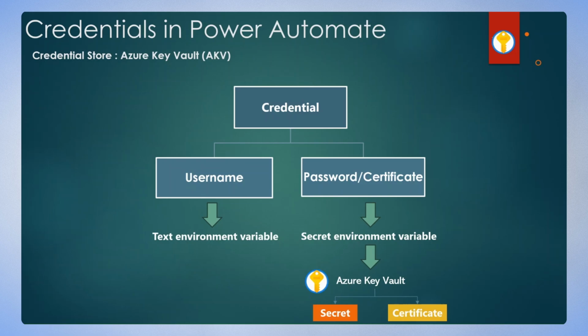Previously, before the recent update, password was the only choice, but now we have introduced certificate as the other choice. Both password and certificate are stored in a secret environment variable, which points to the Azure Key Vault. So this is an exciting capability. With a certificate, you can enable certificate-based authentication for managing the bots as well as the machines in Power Automate.